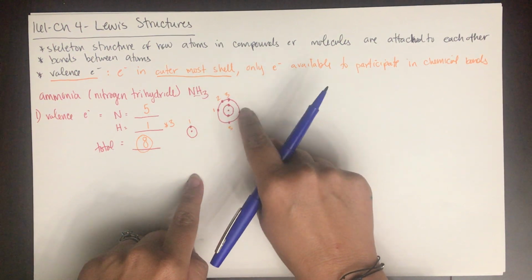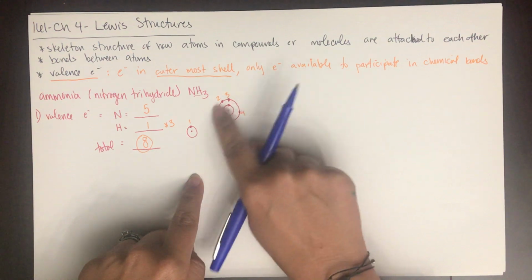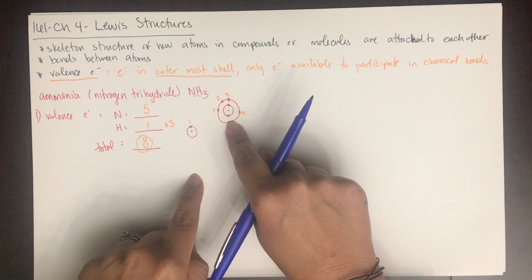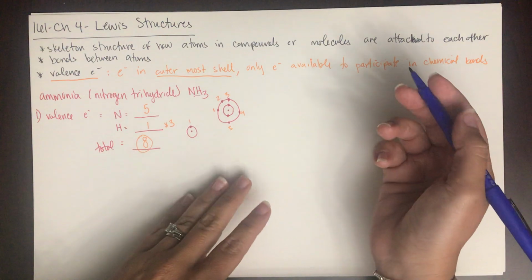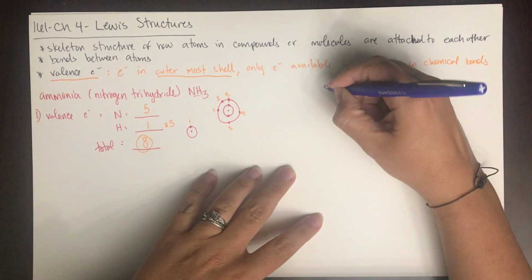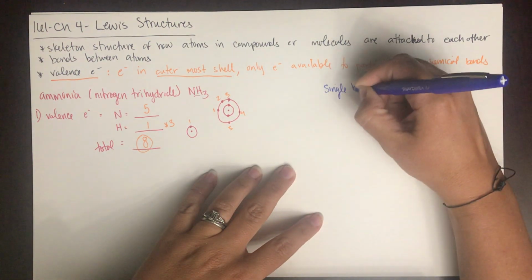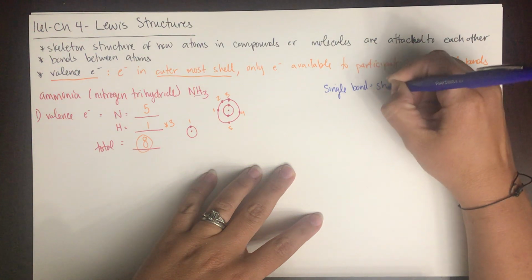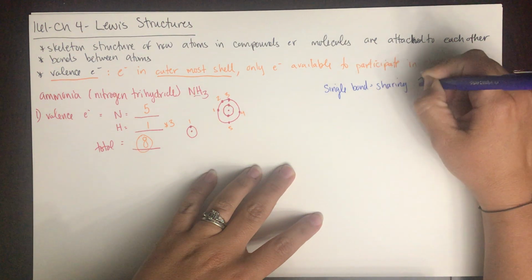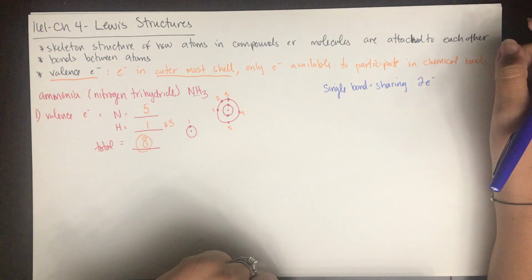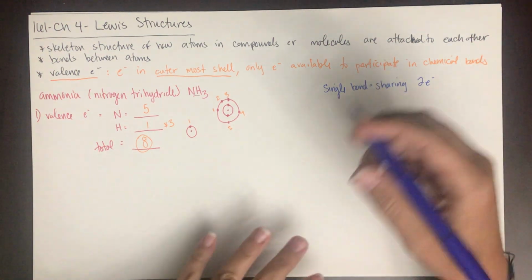Nitrogen could make 3 bonds because it wants to have 8 electrons to have a full shell. We are sharing electrons. So a single bond is sharing 2 electrons.